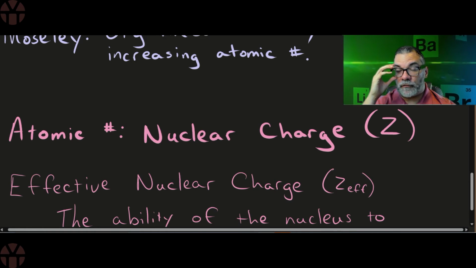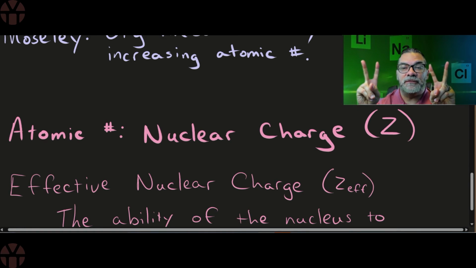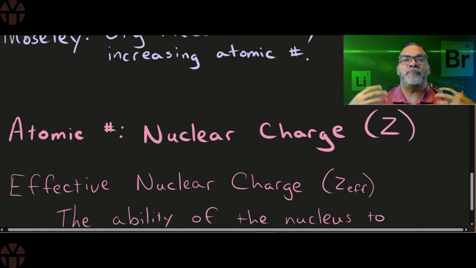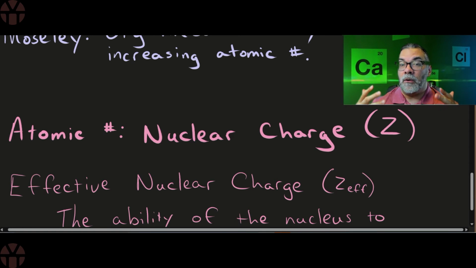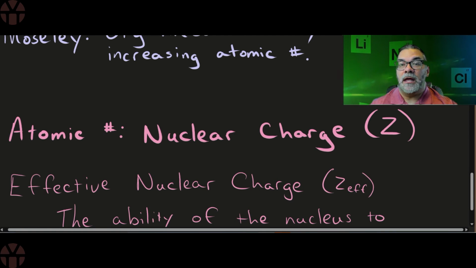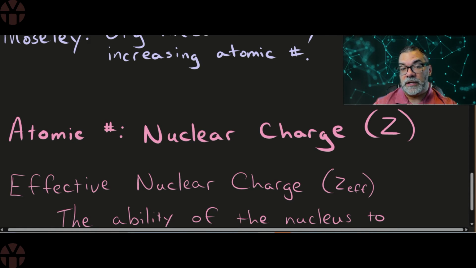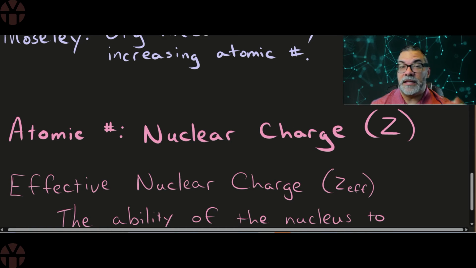Nuclear charge, for lack of a better word, represents the amount of positiveness, very technical term, right? But the amount of positive charge that the nucleus has. It makes sense that the more protons are in that nucleus, the greater the nuclear charge is. And that is true.